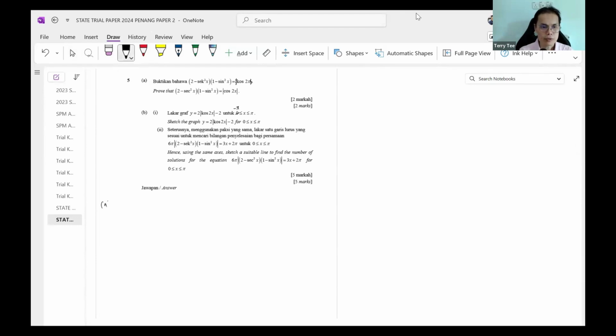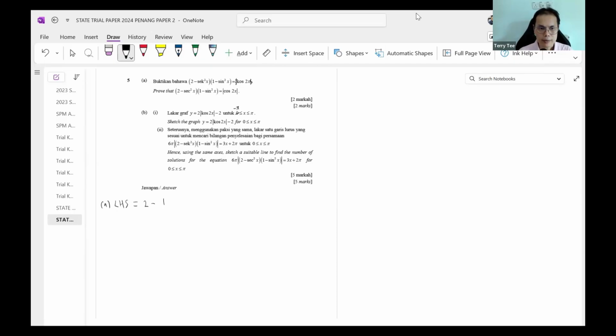Okay, so to prove this identity, we start from the left-hand side. Normally, we start from the side with more number of terms. It's easier to simplify a more complicated expression rather than to start with a simple expression and make it complicated, right? So we start with 2 minus secant squared. Now, for me, the basic thing is if you can change everything to sine and cos, that's the easiest.